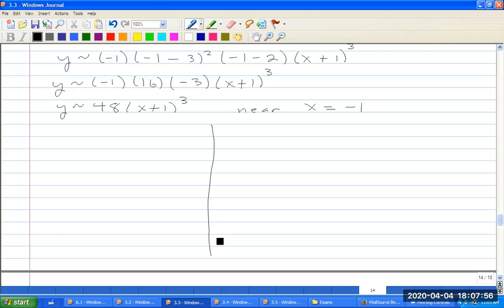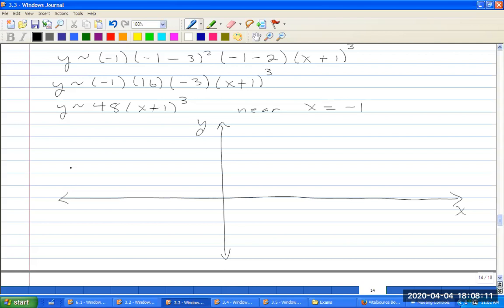Okay, so let's try to sketch the graph of this. See if we can draw it straighter. So the roots are at 0, 2, 3, -1.